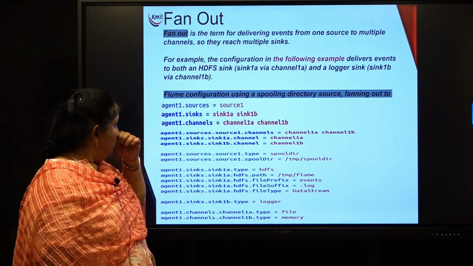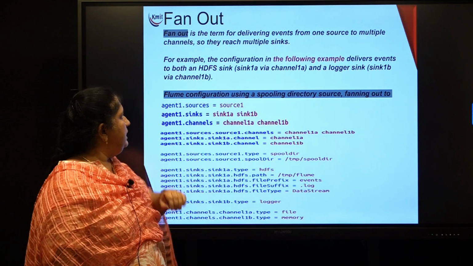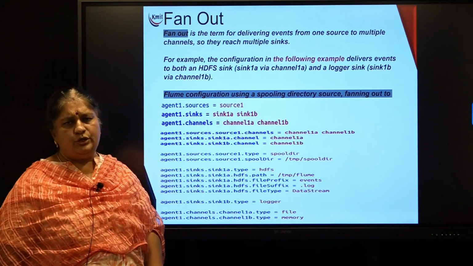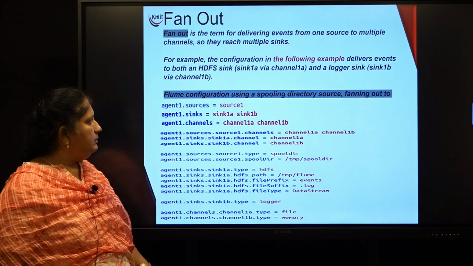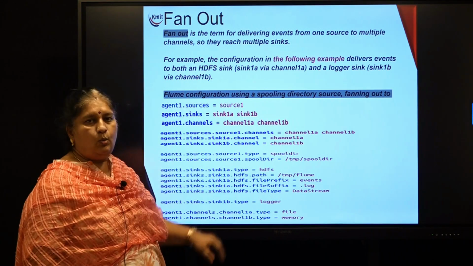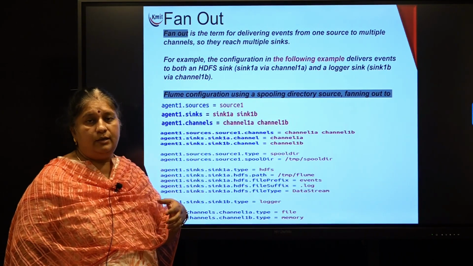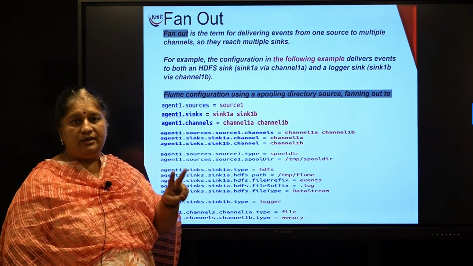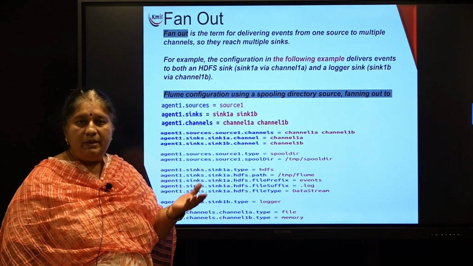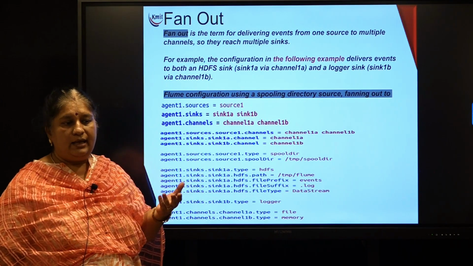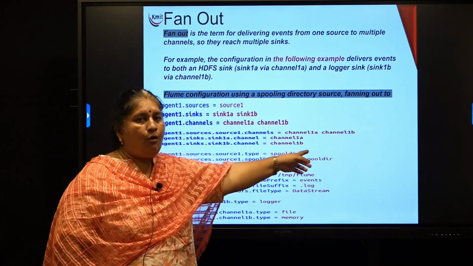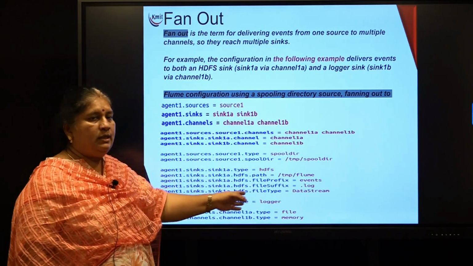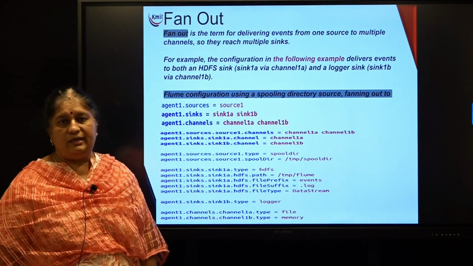So sink 1A and sink 1B, and I have two channels corresponding to each sink, channel 1A and channel 1B. How do we configure this fan out? Here I am just showing two channels and two sinks. There could be multiple channels in practicality, wherein you should list out all the channels and all the sinks that are receiving from the respective channels.